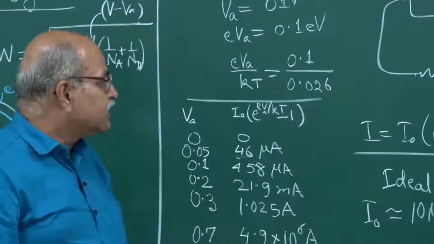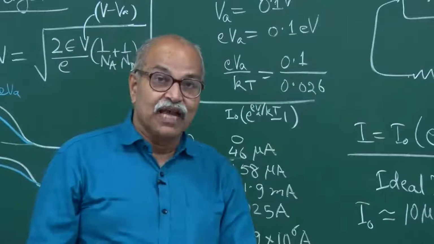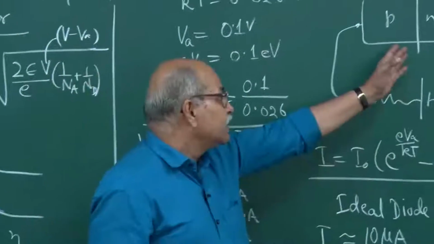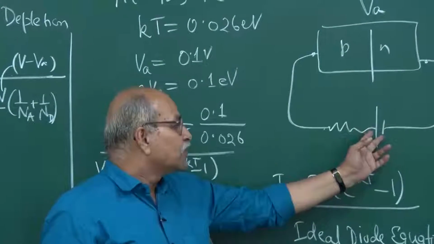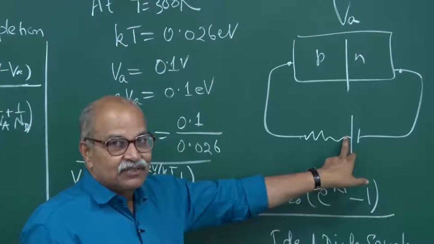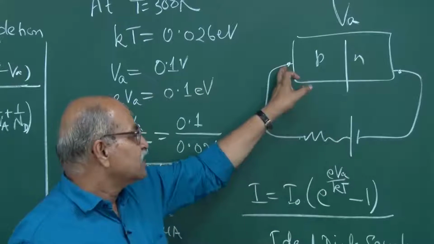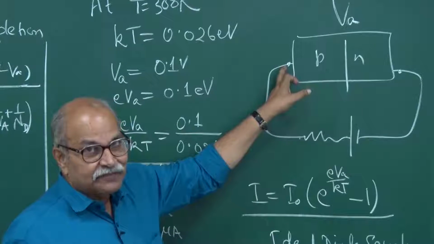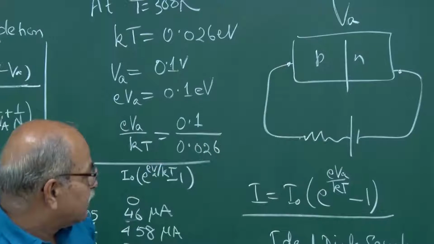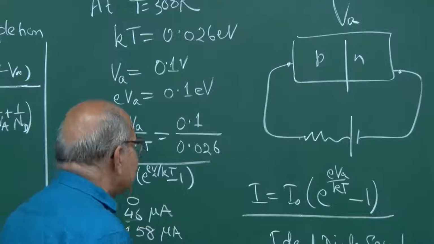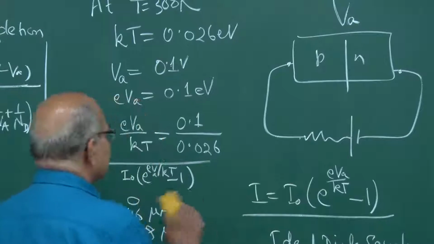Now, the next thing is reverse bias. What happens if I connect this circuit, but the polarity is opposite? So, that higher potential is put here and lower potential is put here, then what happens? You can very easily guess what will happen. Let me first remove some of this.